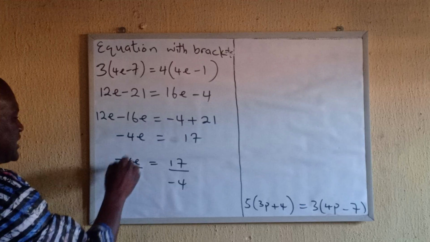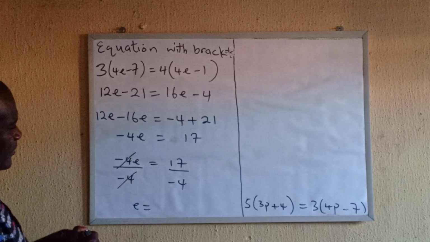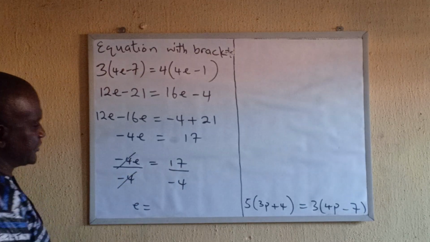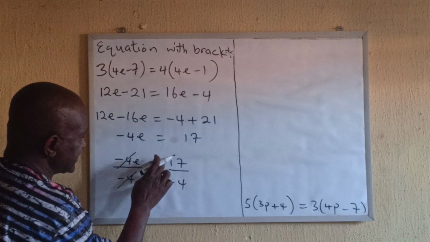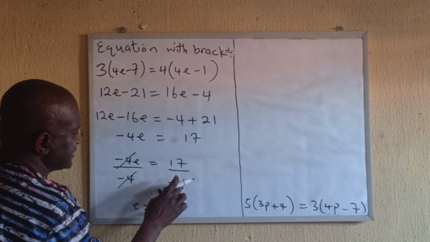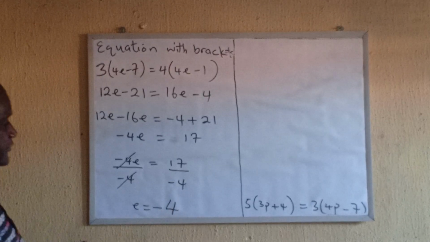So this minus will cancel this. That means e will be equals to 17 divided by minus 4. We said plus divided by minus is minus. So 17 divided by 4, it will go 4 whole number, because 4 times 4 is 16.